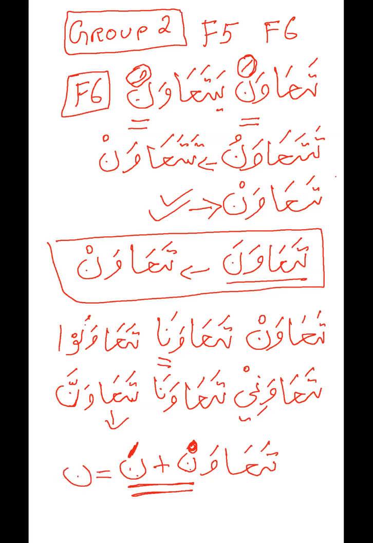So we end up merging both, and we end up with ta'awanna. And this happens because the noon is part of the word as well as the noon of niswa. Everybody clear what happened here? Yes, alhamdulillah. So we're done with group 2 as well.